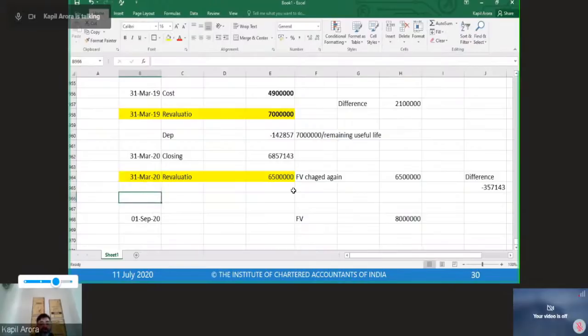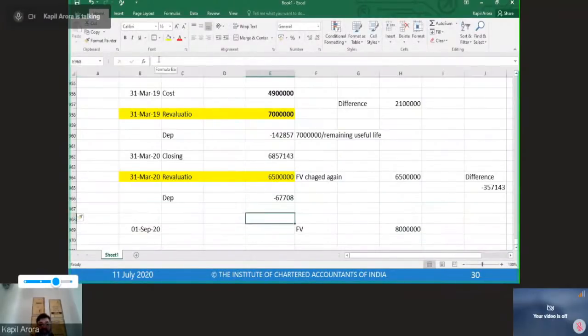The answer is no. So for that purpose, first I will calculate the depreciation. 65 lakhs divided by the remaining useful life, 48 years. This comes to 1,35,000. But we are calculating depreciation only for 6 months, so into 6 divided by 12. So my depreciation for 6 months would be deducted.